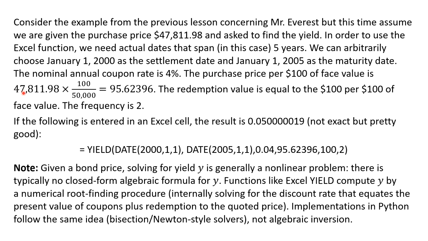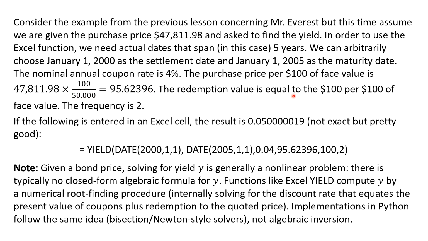So this purchase price, if you want to get what percentage it is of 50,000, you multiply by 100 over 50,000. So it's 95.62396% of the face value.